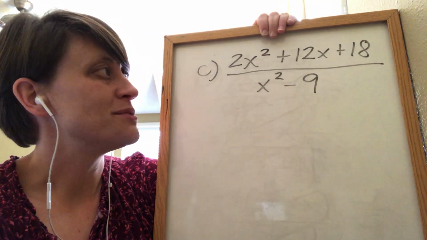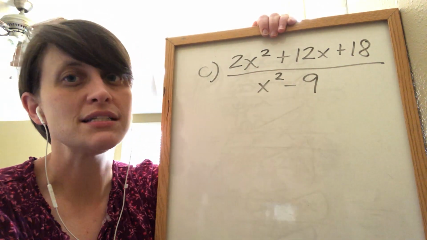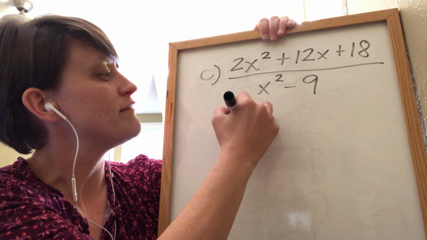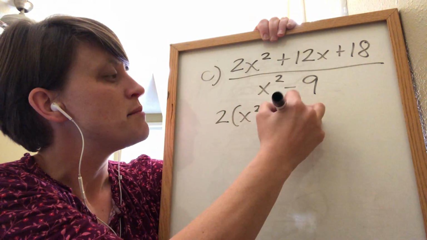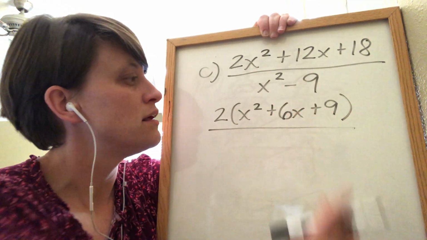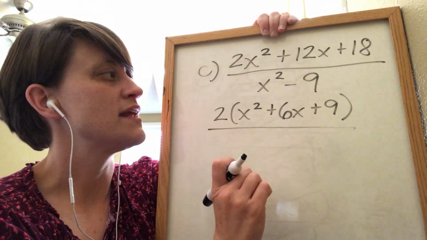But look at all the terms. 2, 12, 18, we have a greatest common factor. So we could take out a 2, and that would leave us with x squared plus 6x plus 9. So we may be able to do something extra with this, but we'll get to it in the next step.